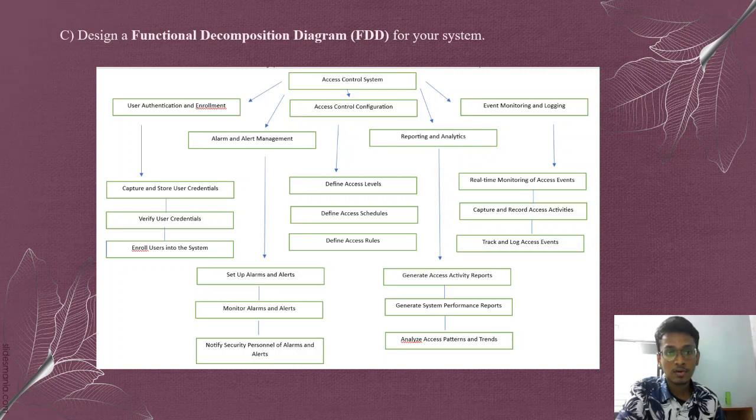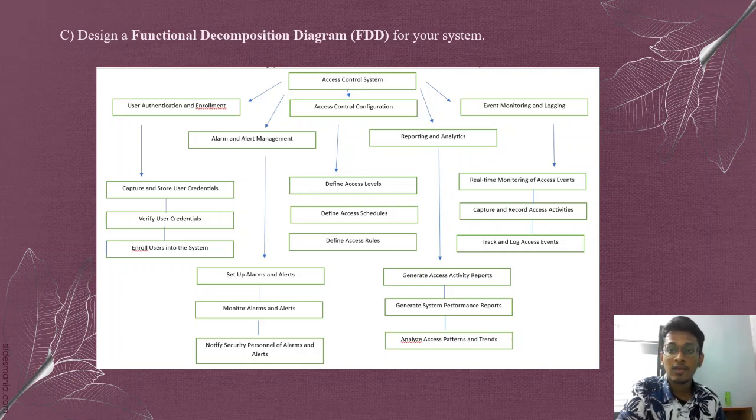Then the user authentication and enrollment, you can see we separated into three roles, which are capture and store user credentials, verify user credentials, and enroll user into the system. For access control configuration, we have define access levels, define access schedules, and define access rules.